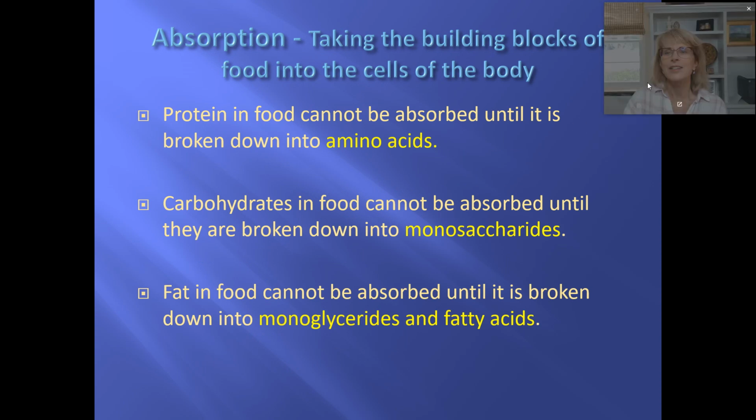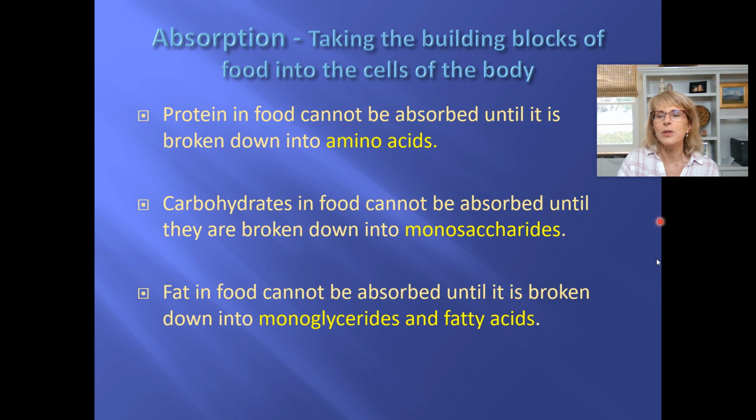All righty, so absorption. Those individual monomers that your enzymes are going to break down the polymers into are the monomers that will get absorbed. So you should remember, hopefully, but it was a long time ago, that the proteins in your food will not be absorbed until any individual protein molecule gets broken down into individual amino acids.